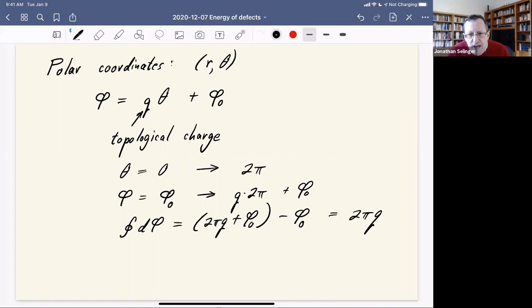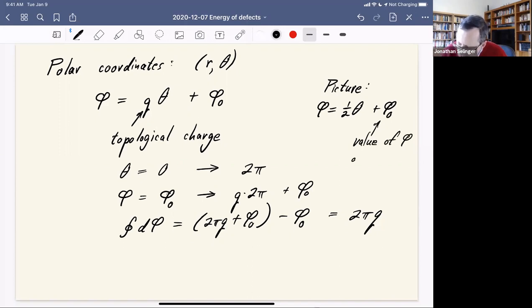So for the picture that I drew, the picture is a q equals 1/2. So in the picture, we have phi equals 1/2 theta plus phi 0. So what is the phi 0? Right? Well, the phi 0 tells us what is the value of phi at theta equals 0.